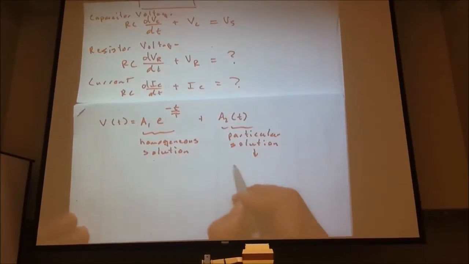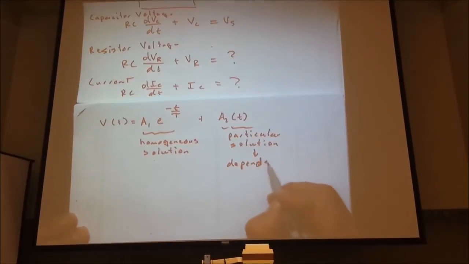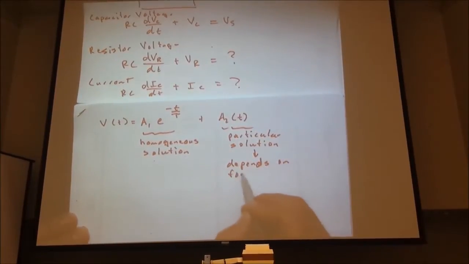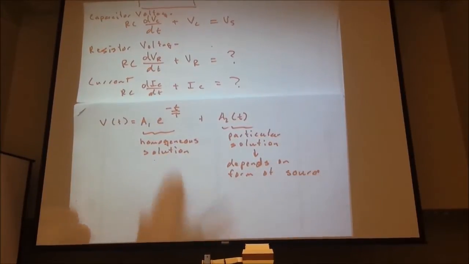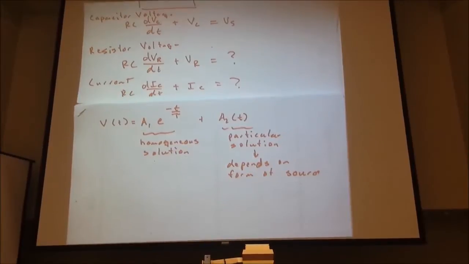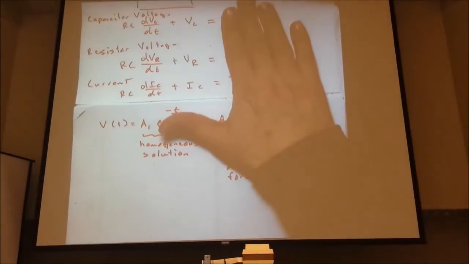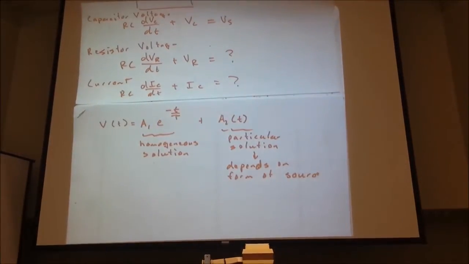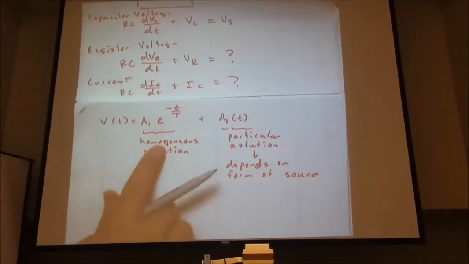We know this depends on the source form, whereas this exponentially decaying term just comes out of the differential equation. It satisfies the homogeneous differential equation, which is when all these terms are zero. So this is always part of every term.